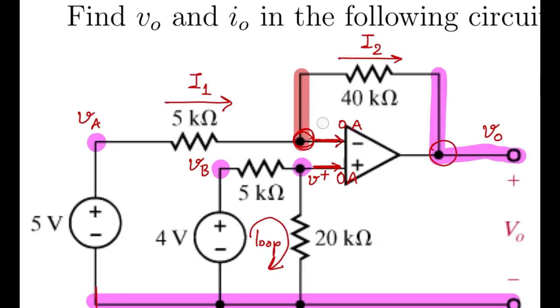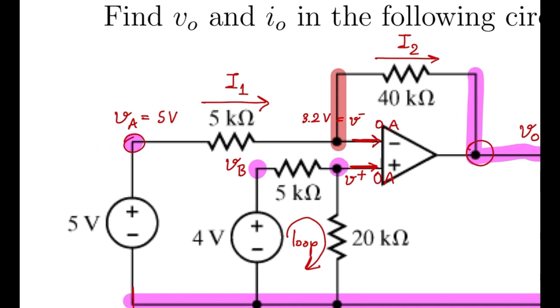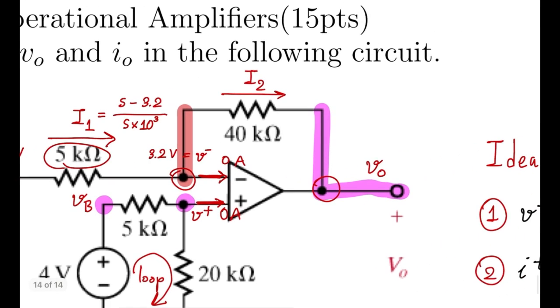Then, we'll use Ohm's law to transform I1 and I2 into terms of voltage and resistance. I1 travels from a node of 5 volts to V-, which is 3.2 volts, across the 5 kΩ resistor. Therefore, I1 is equal to 5 minus 3.2, divided by 5 times 10 to the power of 3. I2 travels from V-, which is 3.2 volts, to V output, across the 40 kΩ resistor.